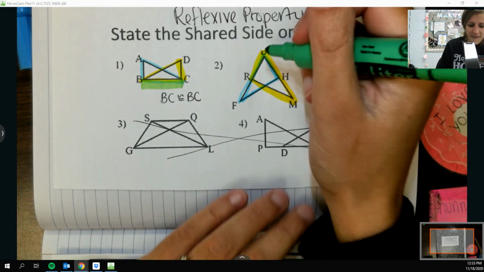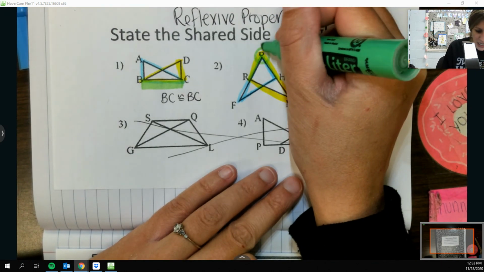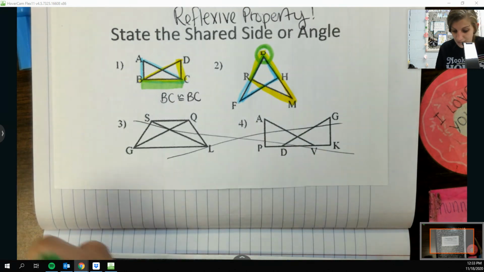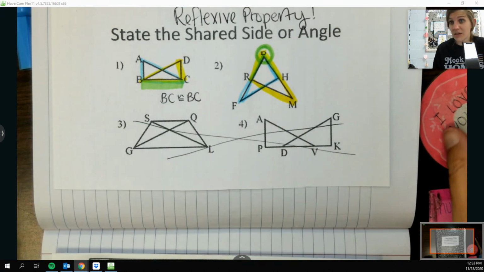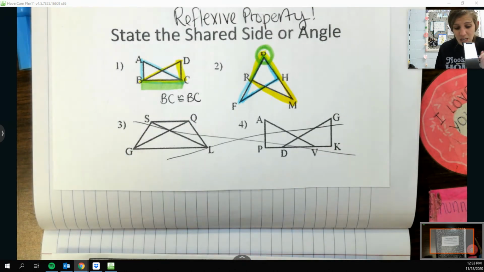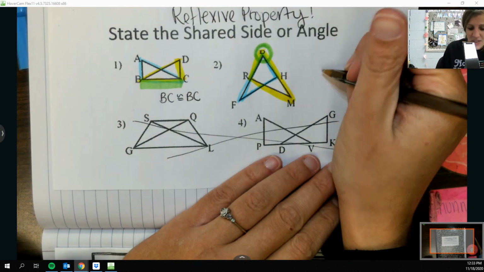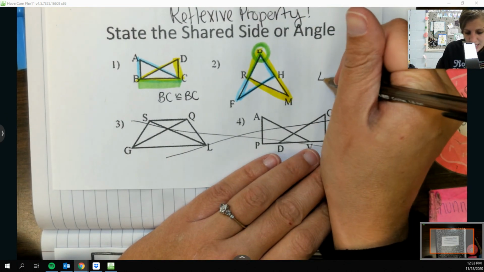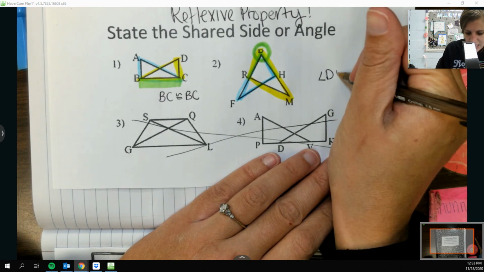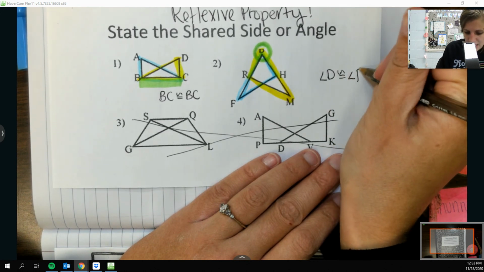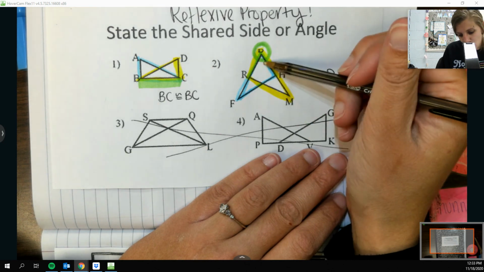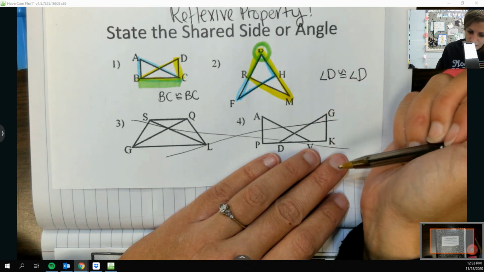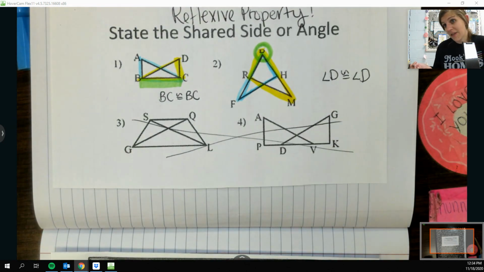However, they are fully sharing this angle up here, which I think is supposed to be the letter D we're going to go with. They're fully overlapping on that angle, so that's an example of the reflexive property working for an angle. And so we could say that angle D is congruent to angle D for the blue triangle and the yellow triangle. So that's kind of a fun thing.